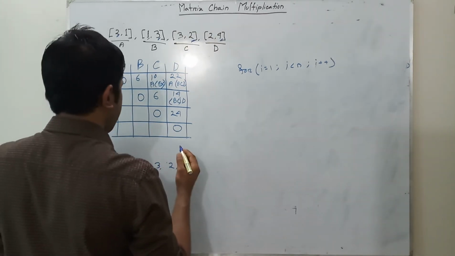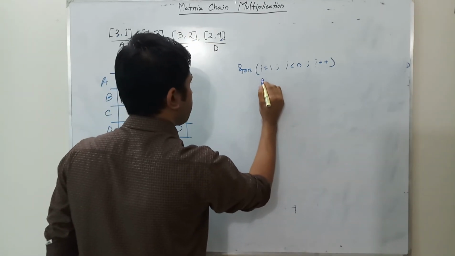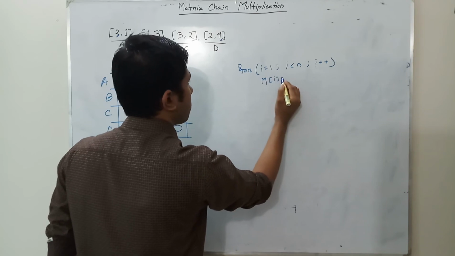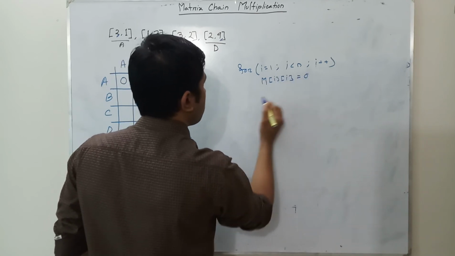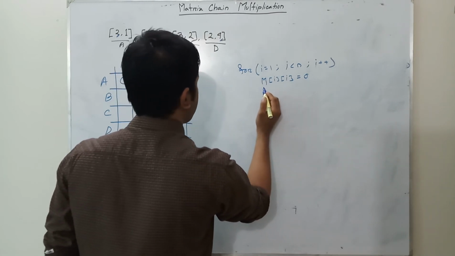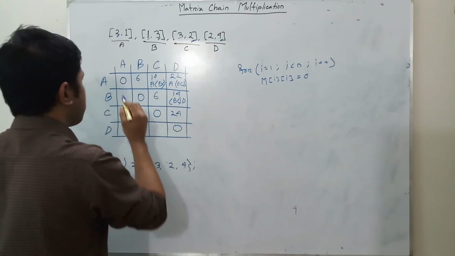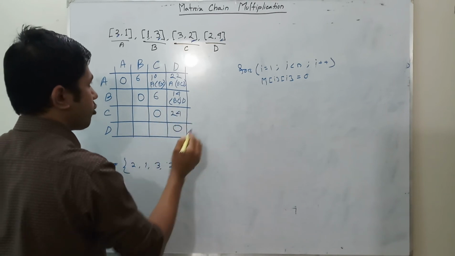And we need a table for matrix chain multiplication, suppose M, to store the value. When I equals 0, this is for when the chain length will be 1, then we will set value 0, that is AA 0, BB 0, CC 0 and DD 0.